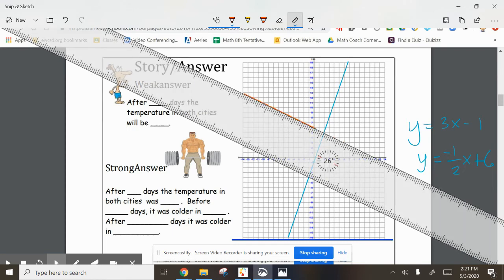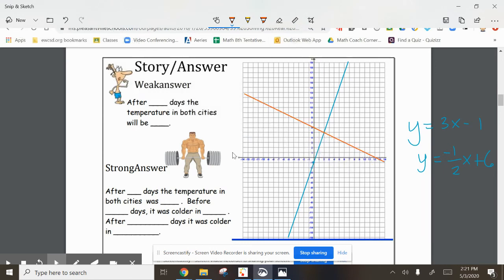And if I do this properly, you should ask, after blank days, the temperature in both cities will be blank. Okay, after how many days will the temperature in both cities be what? So after how many days? If you realize, we didn't really mark our x-axis, but our x was actually days, and our y was temperature.